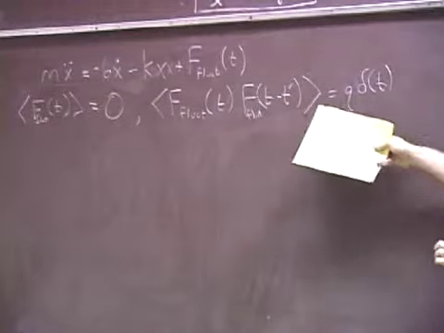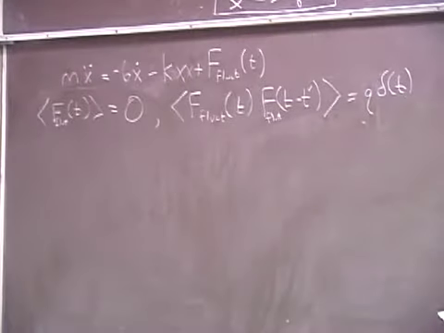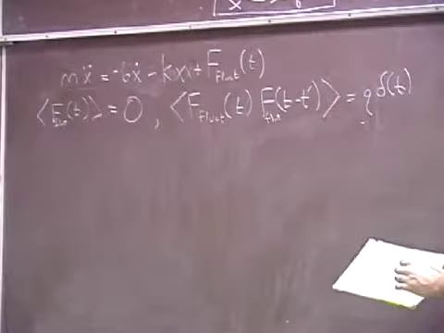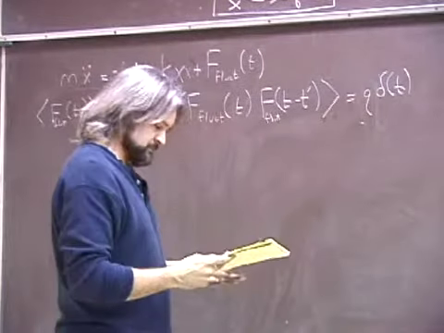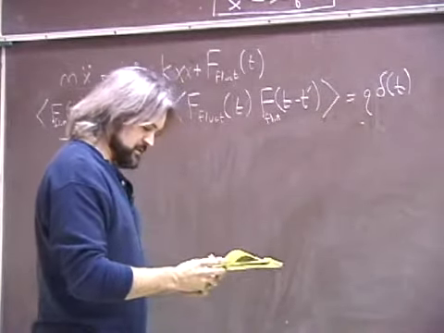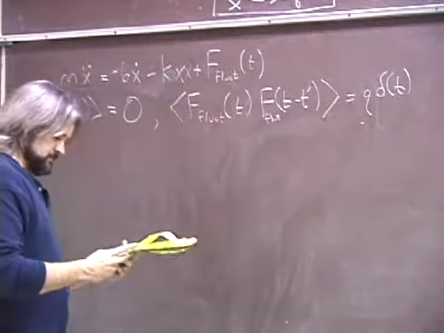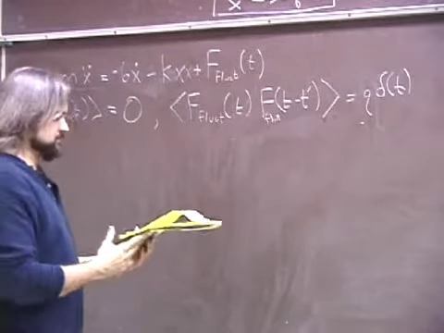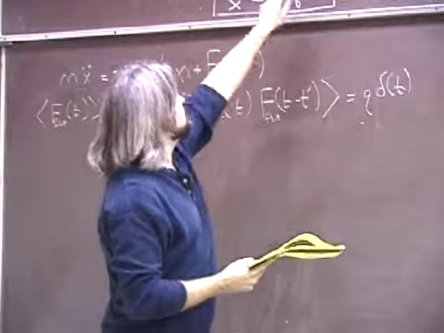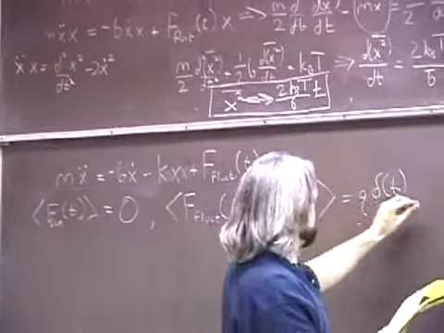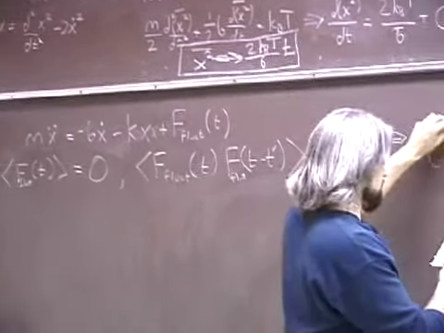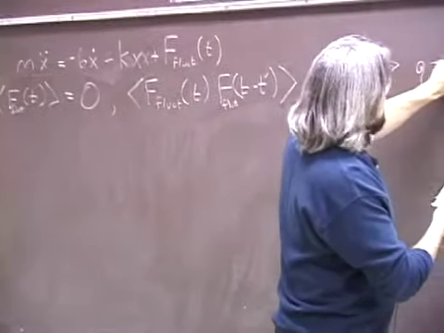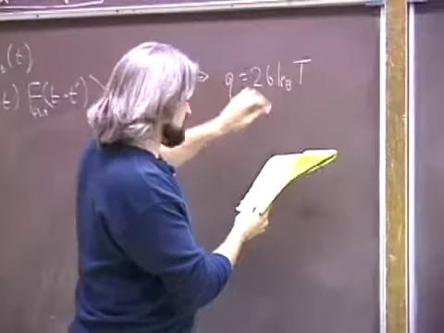In other words, this force is only correlated on timescales that are very, very short compared to an atomic collision. And that correlation strength is something like Q. And that Q is the strength of the force. In this case of the Brownian motion in a gas, it's easy to show that Q is equal to this.